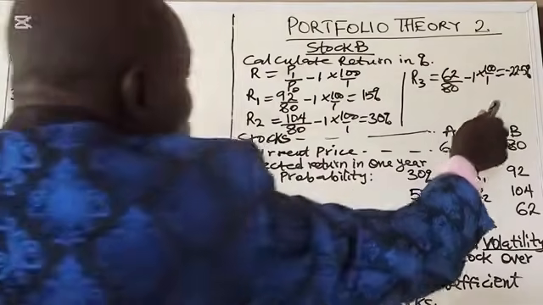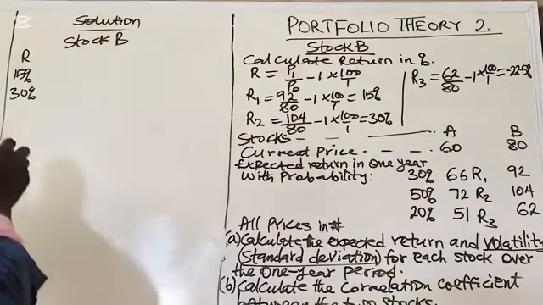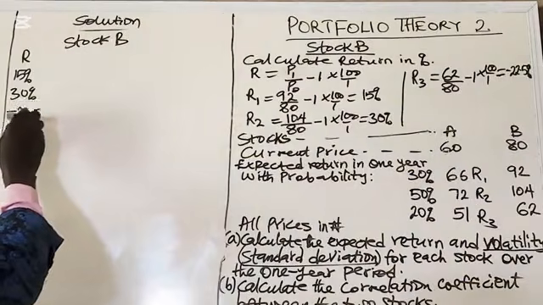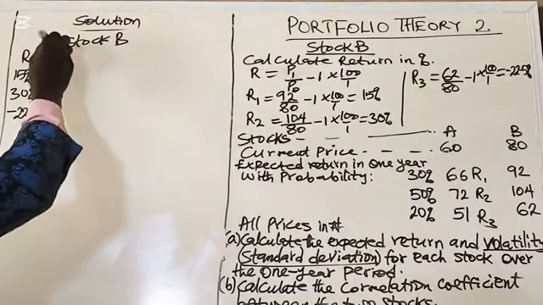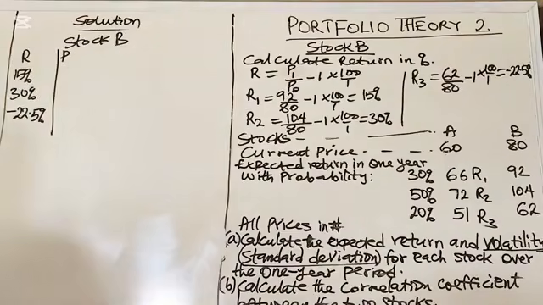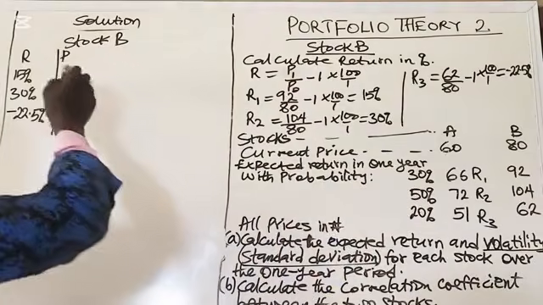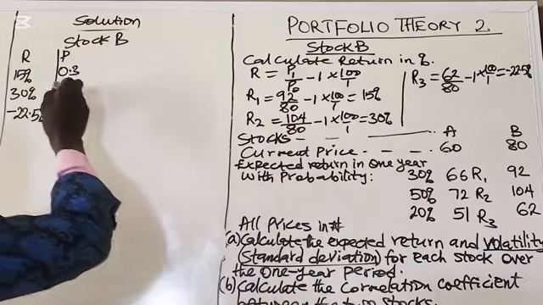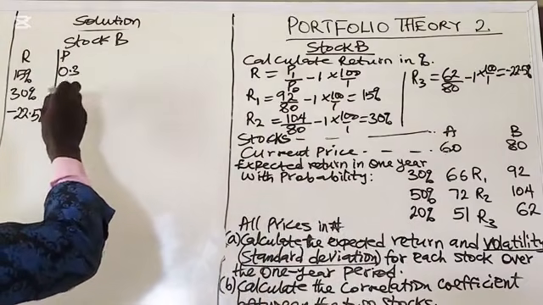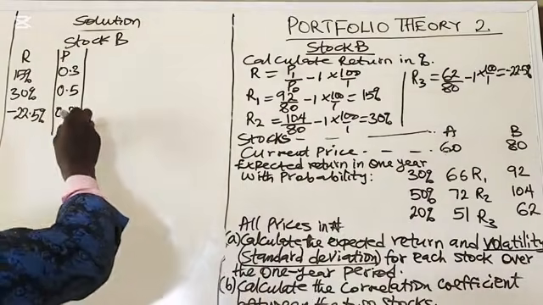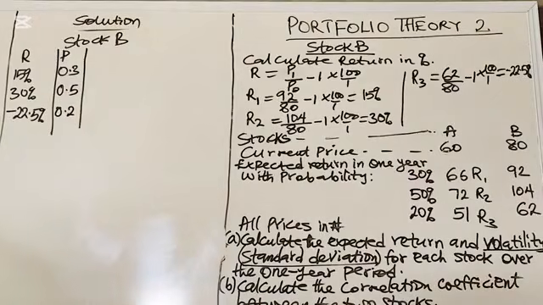And the third one is minus 22.5%. The probabilities are 0.3, which is 30%, 0.5, which is 50%, and 0.2, which is 20%.